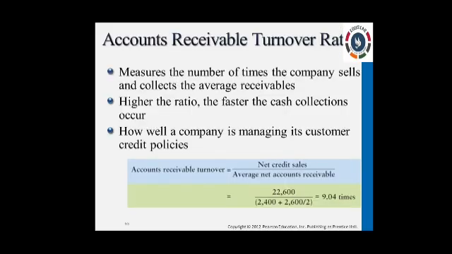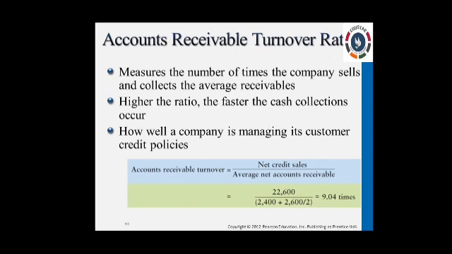Second one, account receivable turnover ratio or trade receivable turnover ratio. Don't get confused with that. For example, we sell our finished product to another company on a credit basis.